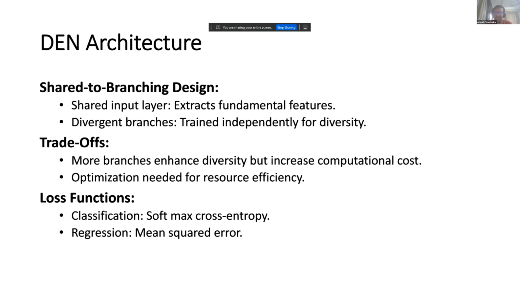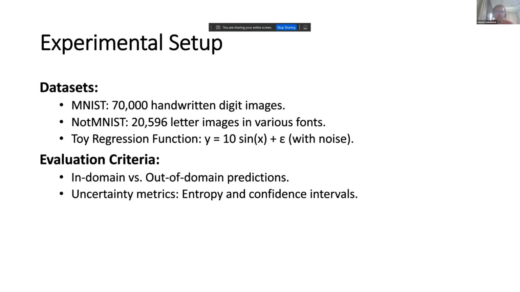So we tested this model for classification as well as regression. For classification, we trained it on the MNIST dataset, which is the very famous dataset where there are numbers labeled from 0 to 9, and we inferenced it on the notMNIST dataset, which contains the letters A to J. On the letters, it should show that the variance in the output is high.